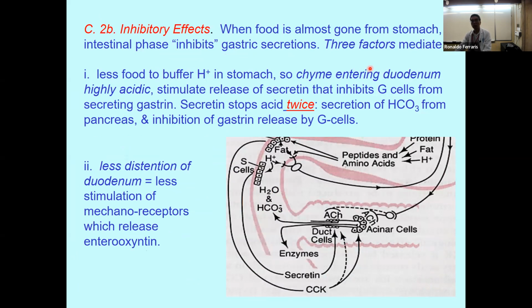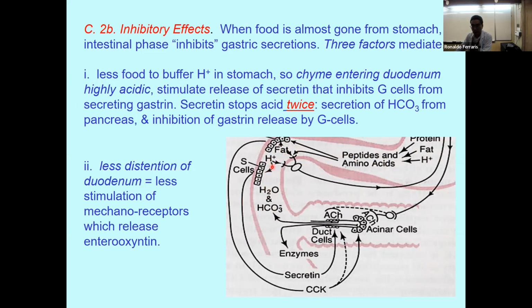There are three factors that mediate this. Now there's less food to buffer your stomach, so the chyme entering the duodenum becomes highly acidic. This is your stomach contents entering the duodenal lumen, so now you have lipid products and acid secretions.